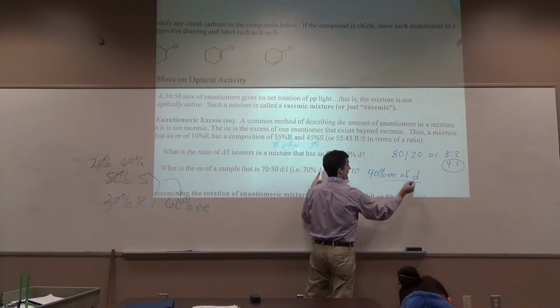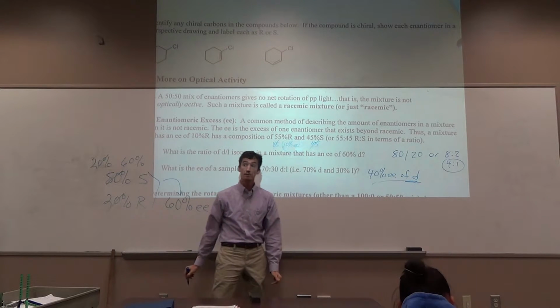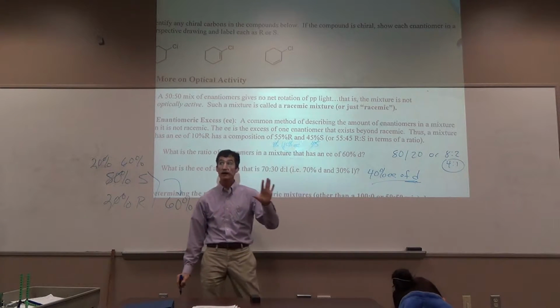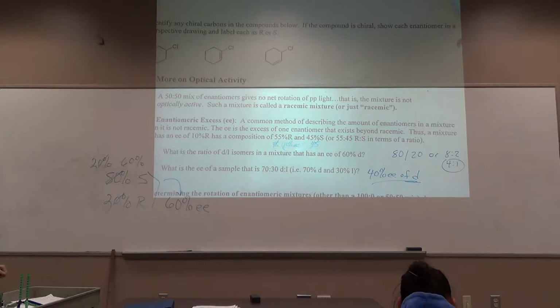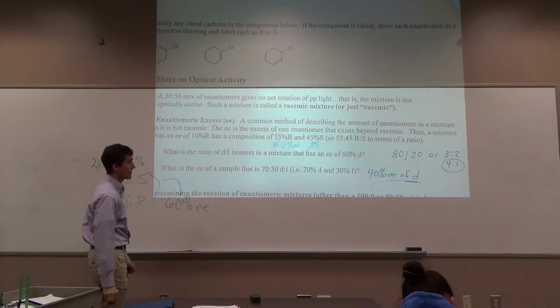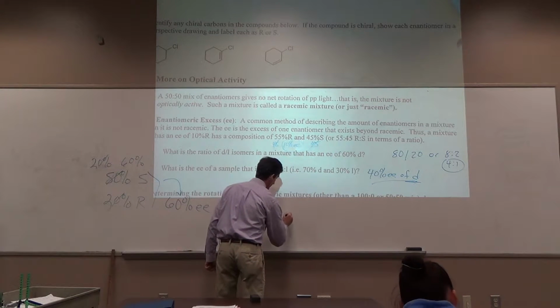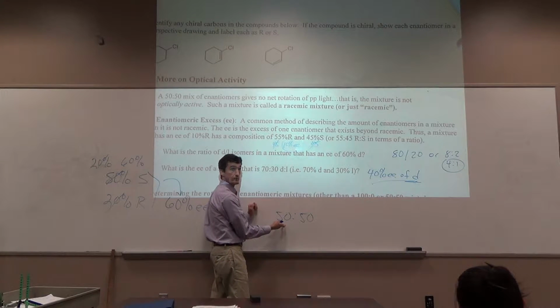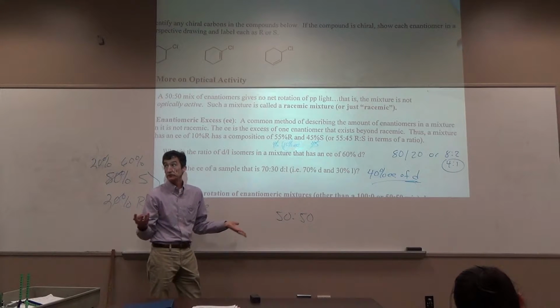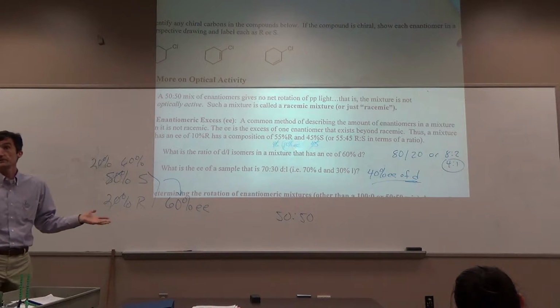D. You need to say which one. 40% enantiomeric excess of D. What if it's 50-50? 0. Well, if that cancels that, what are you left with? 0. 50-50 is no EE. It's 0. It's called racemic.